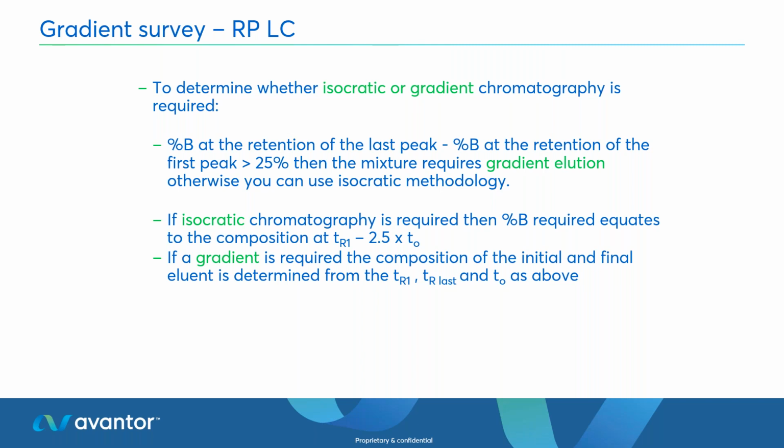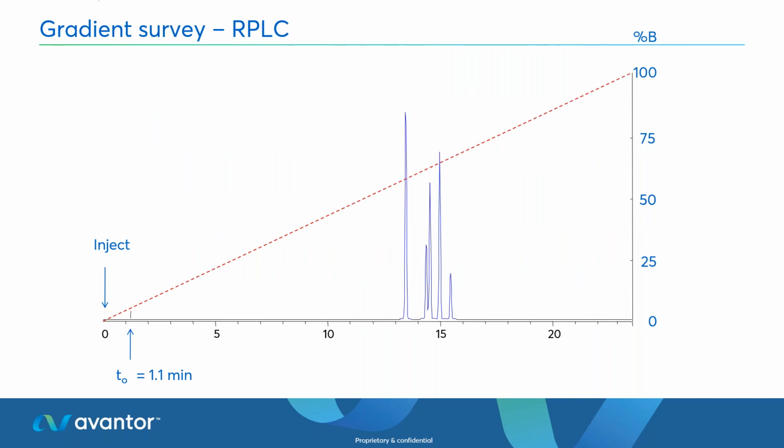There are lots of words on this slide, but it's much easier if I show you in a real example how this works. Here I've done my gradient survey, my scouting gradient. I've run 0 to 100% B over 25 minutes, and all of the peaks in my sample have come out in a big bunch in the middle. So you can see there's not a very wide window where these peaks all elute, which suggests they've all got very similar properties, types of polarity.